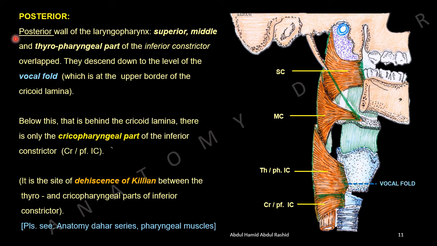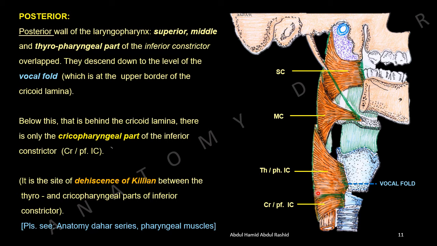Now let's talk about the posterior wall of the laryngopharynx. The posterior wall of the laryngopharynx is formed by the superior, middle and thyropharyngeal part of the inferior constrictor. They overlap.